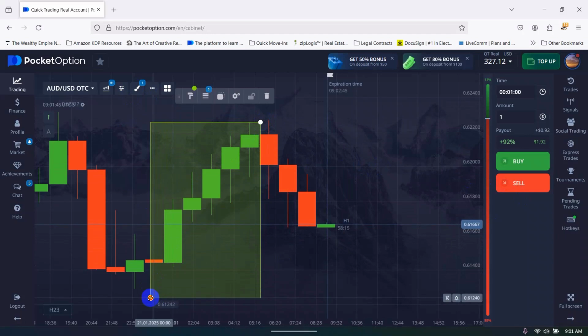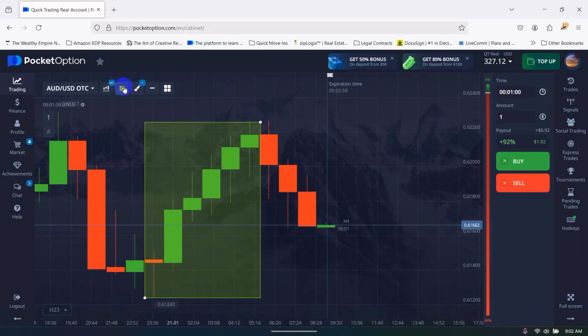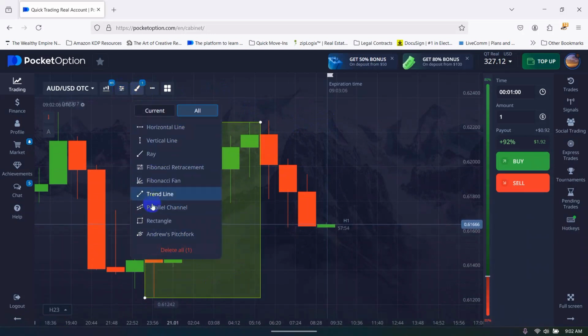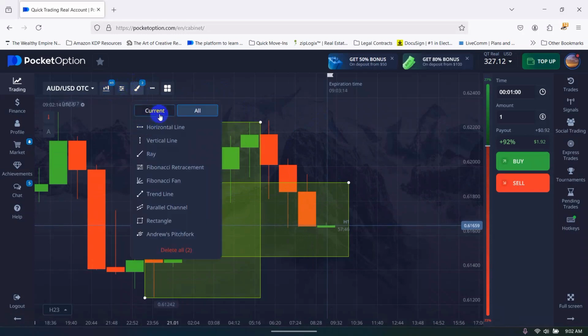And it pretty much started here because that's when the buyers really started coming in. So this one big green candle, and then you have this one big red candle right here. Let's draw the line for it. Okay, and we're gonna turn this one. Let's see, current.